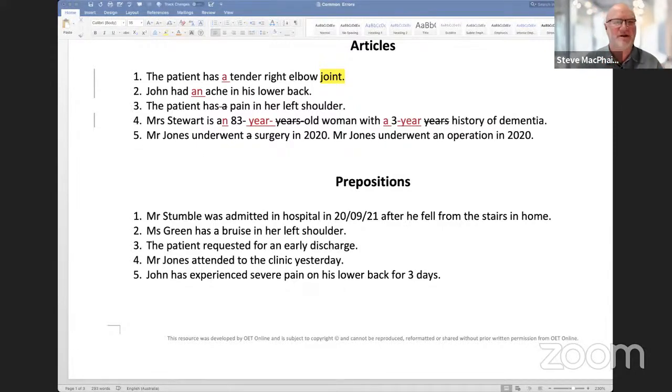Articles are one of those things in language that it's tough because there are so many rules. So number one for you guys watching, make sure to write with control and accuracy, you need to be strong with articles. Now I'm keeping my eye out for questions as they come through.